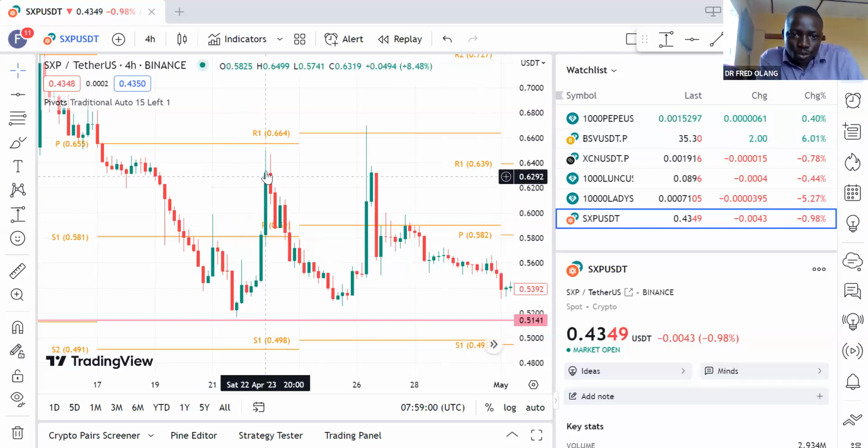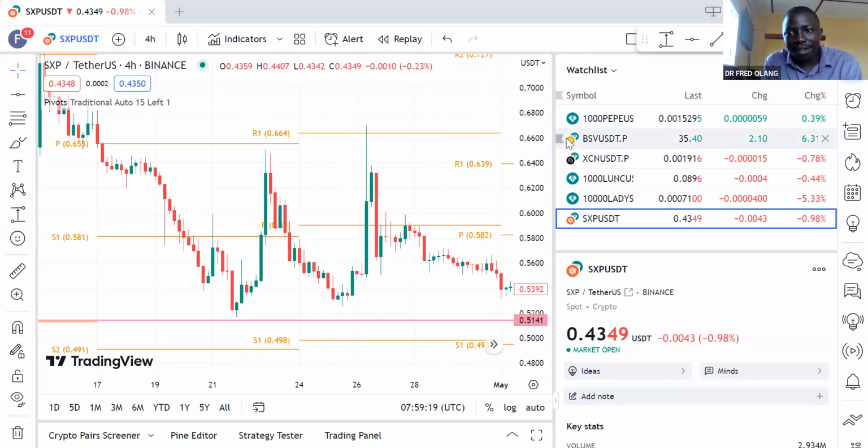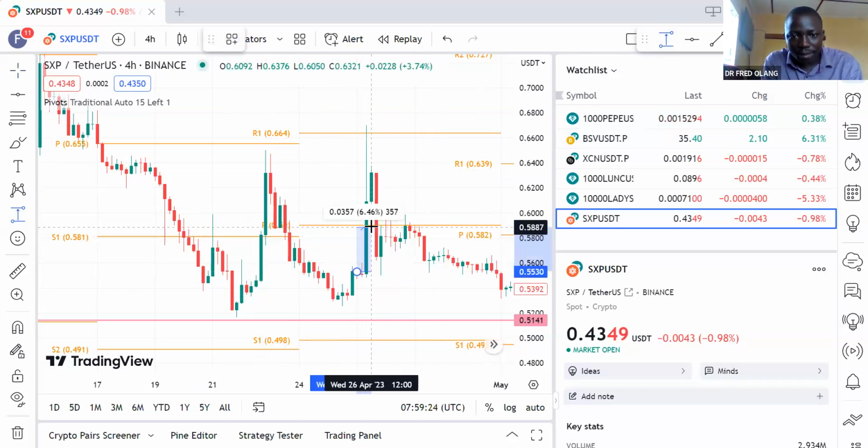Like this, we were rejected, of course, but when we came back to retest the support, we got another candle. Of course we got these ones, but they were not very serious to show power. But when we got this one, it shows power. So you would join on this very candle, and then take profit just before the support.